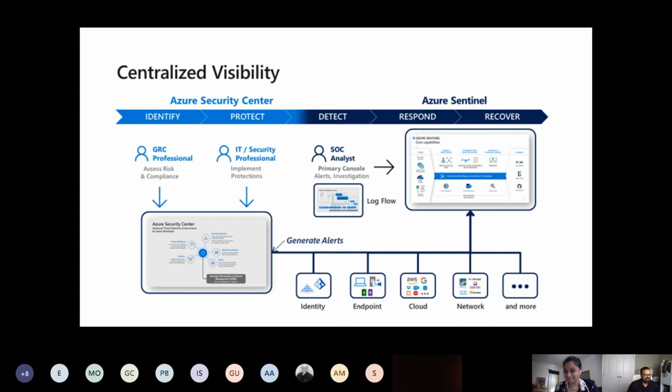Azure Security Center collects telemetry from all your resources, whether on-prem, in any other cloud, or in Azure, and creates a security score from the get-go. You get a security score and recommendations and things like that.